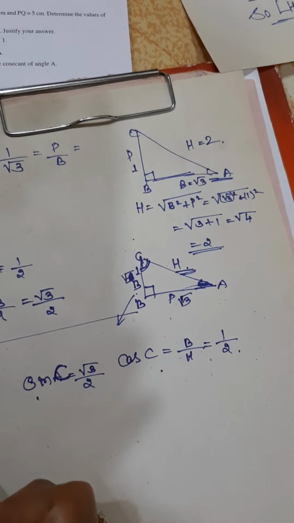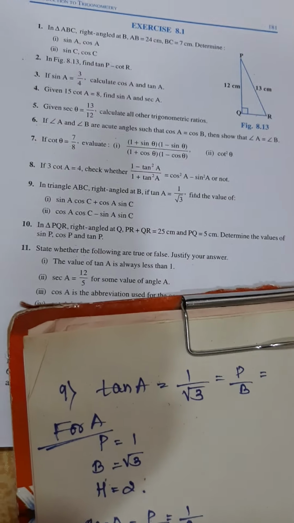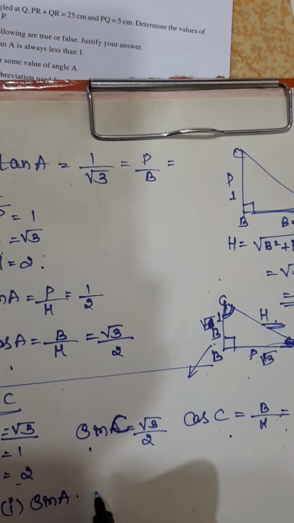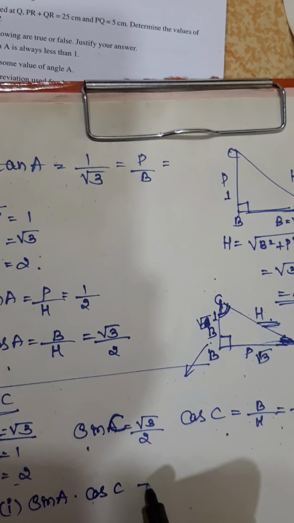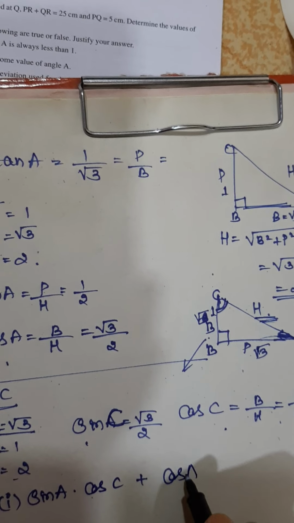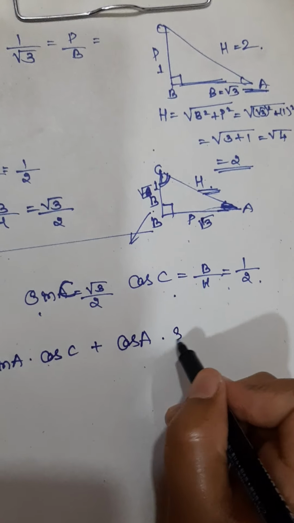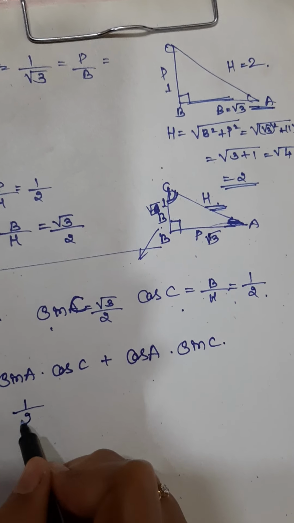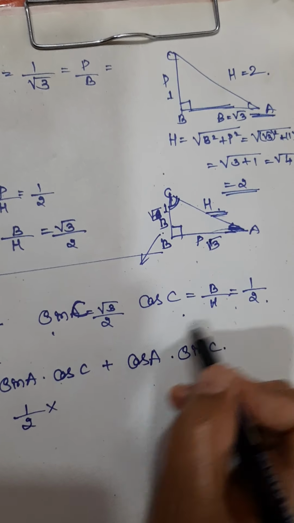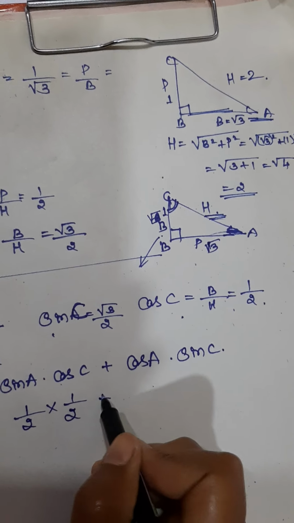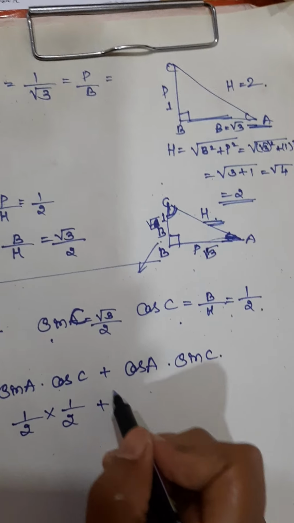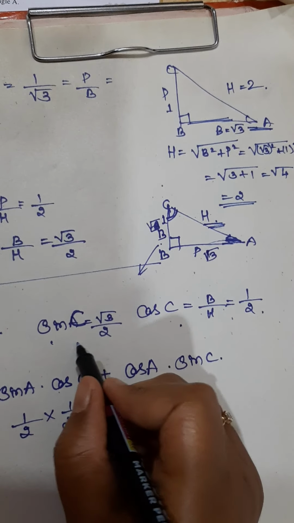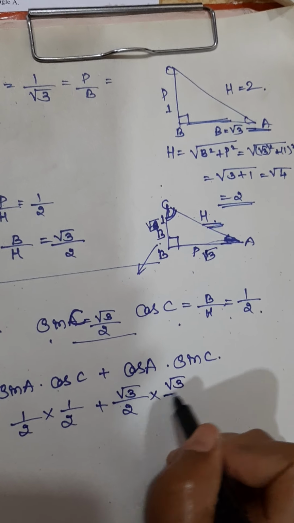Now let's find out our first thing, that is sin A into cos C plus cos A into sin C. So sin A value is 1 by 2 into cos C value is 1 by 2 plus cos A value is square root of 3 by 2 into sin C value is square root of 3 by 2.